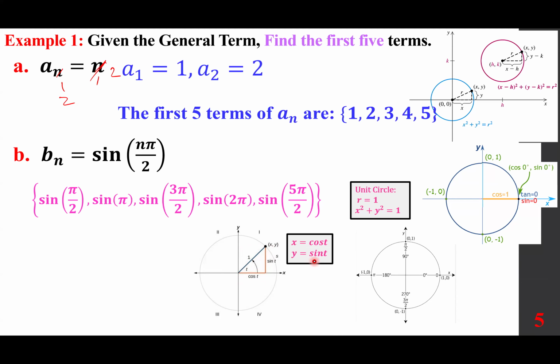And if that's the case, and this point has coordinates 1, 0, and this angle is 0 degrees, then cosine of 0 becomes 1, sine of 0 becomes 0. What about the rest of it?